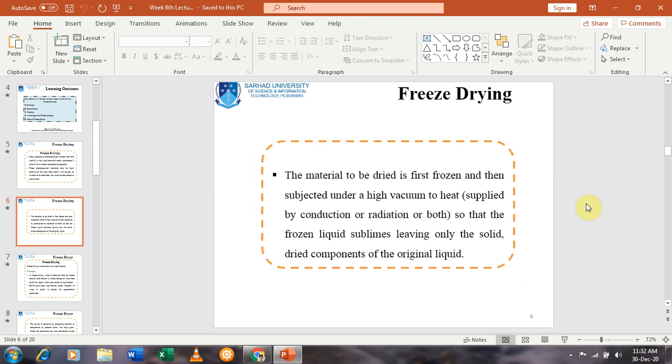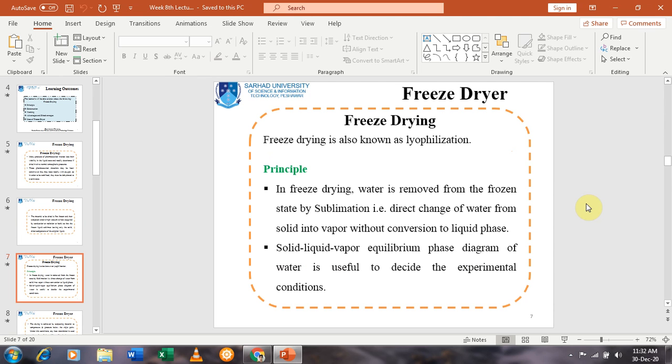Sublimation is a process in which the material to be dried is first frozen or kept in the solidified state and then subjected to heat under a high vacuum, and sublimation is done then.